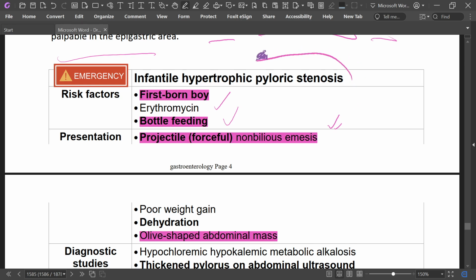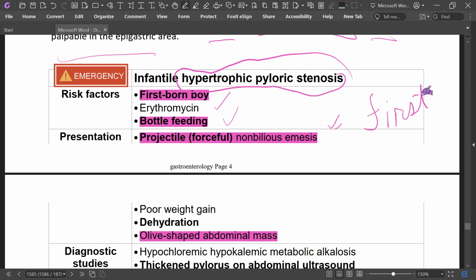So in infantile hypertrophic pyloric stenosis, there is an olive-shaped abdominal mass, forceful non-bilious emesis, a firstborn baby, and bottle feeding.